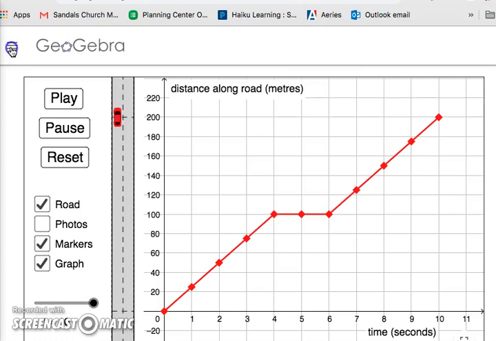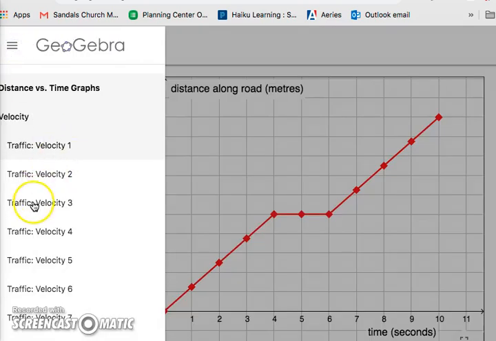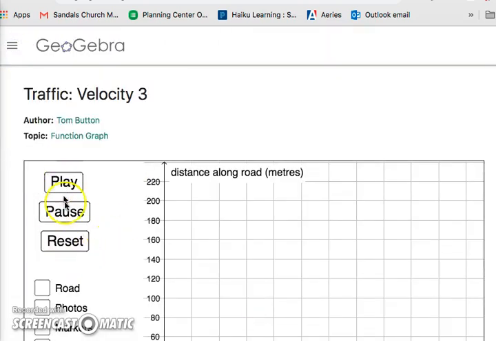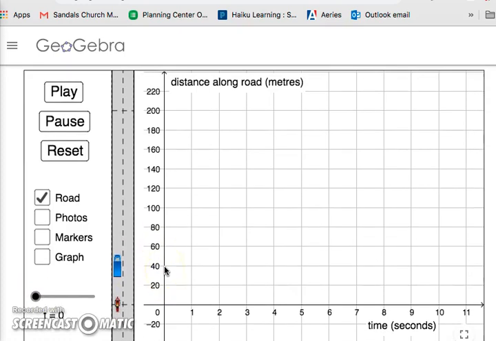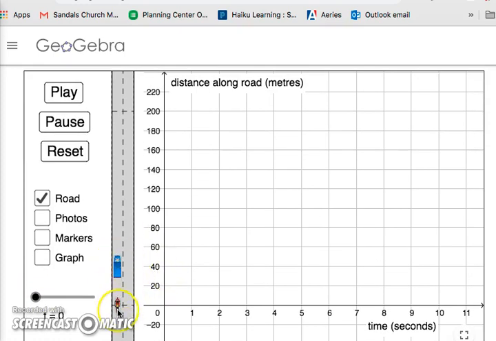Here's another example I want to show you. This time, we're going to watch two different vehicles moving down the road. Now, you'll notice that this motorcycle is at the starting 0 position, but the truck is not. The truck is starting at the 40-meter position. So that's exactly where the dots on the graph are going to start for distance.